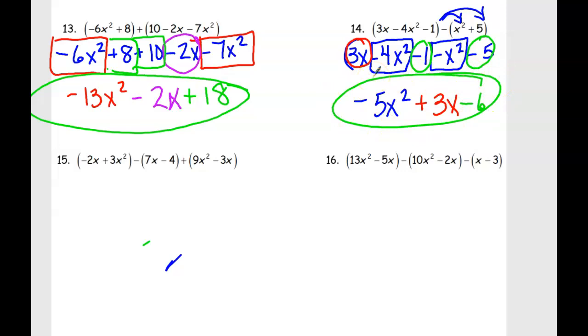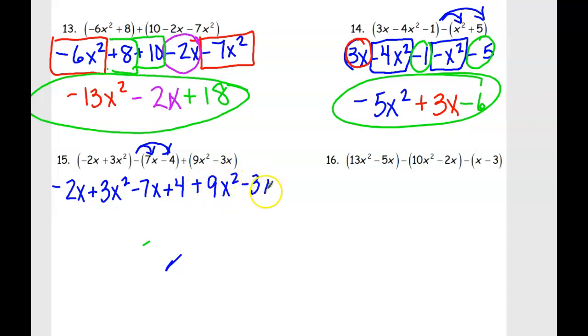Okay. All right, even though I've got 3 sets of parentheses, I'm going to do the same thing. So I'm going to distribute this negative to these 2, and the other ones are just positive. So I've got a negative 2x, I'm going to rewrite the whole thing, plus 3x squared, minus 7x, plus 4, because a negative times a negative is a positive, plus 9x squared, minus 3x. Okay, so the first step I did was get rid of those parentheses. When I do that, I start and I combine my like terms.